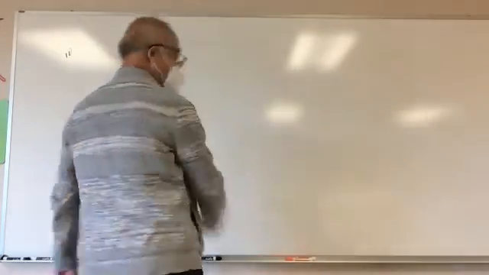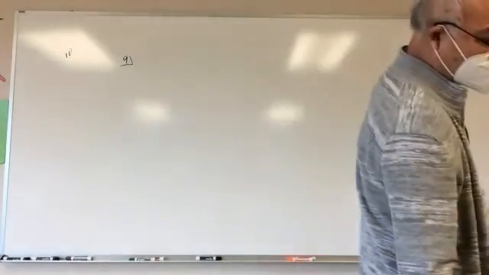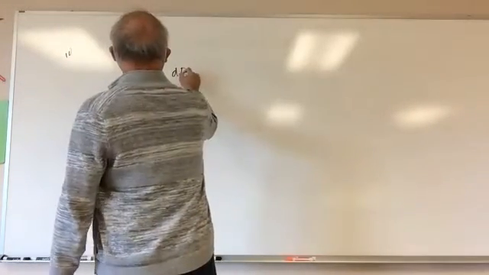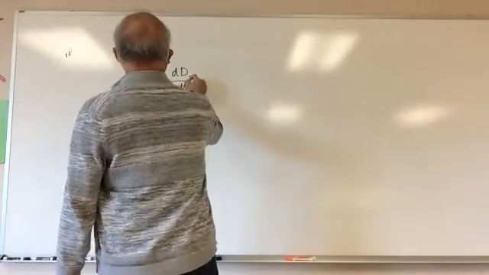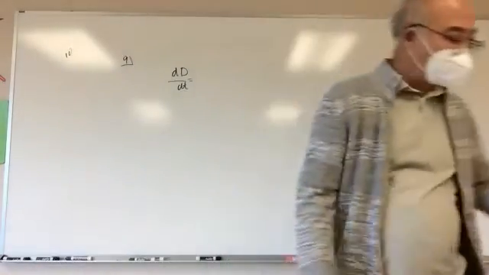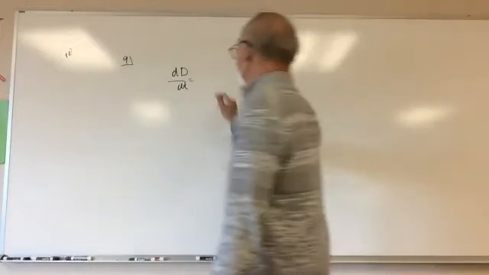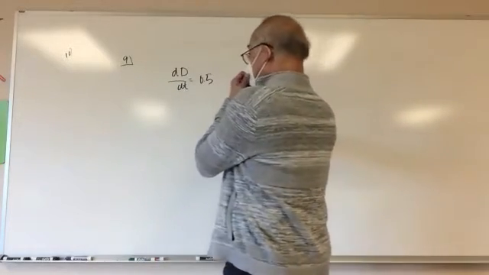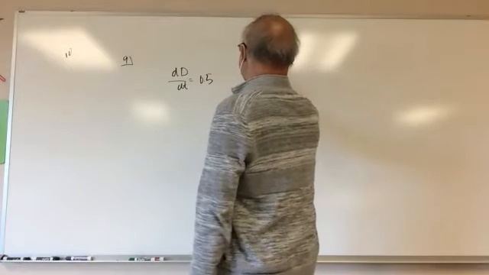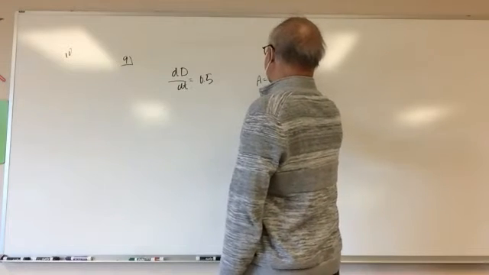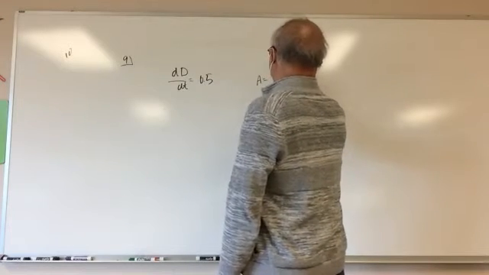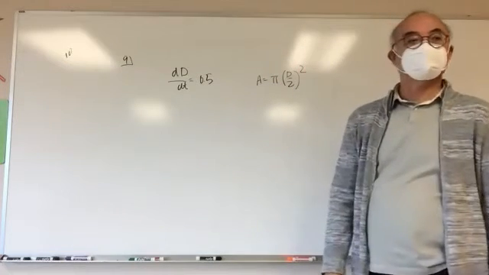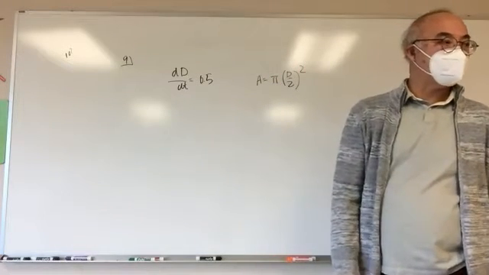So what am I given? I'm given the diameter is expanding, so d diameter dt is equal to 0.5. And I want to know what the area is doing. So first way to do it is area is equal to pi r squared, with r being half the diameter, correct?